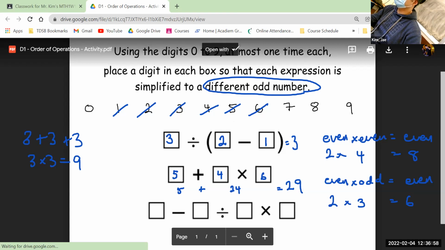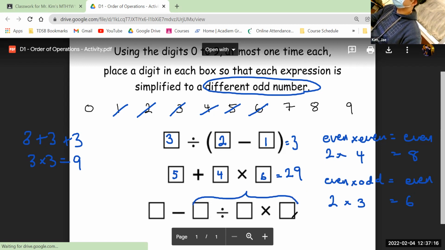So, last one. I think, again, with some trial and error, I think I could probably do it. But here are some clues. I am subtracting by something and I'm dividing and multiplying. So the division and the multiplication have to come first.